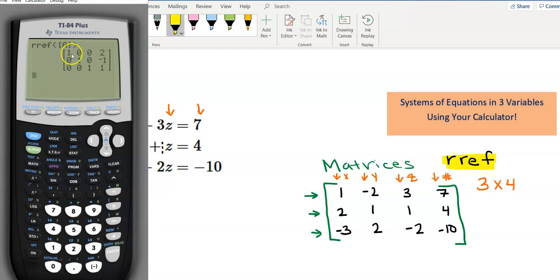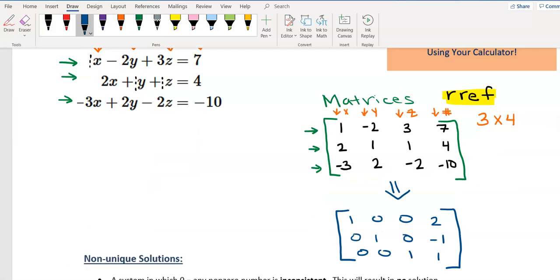Now what you should see here is a 1, 0, 0, 2, 0, 1, 0, -1, 0, 0, 1, 1. So I'm going to take a moment and write that down. Now that I've written that information down, I need to recognize what it's telling me. Remember, the first column represents our x's.